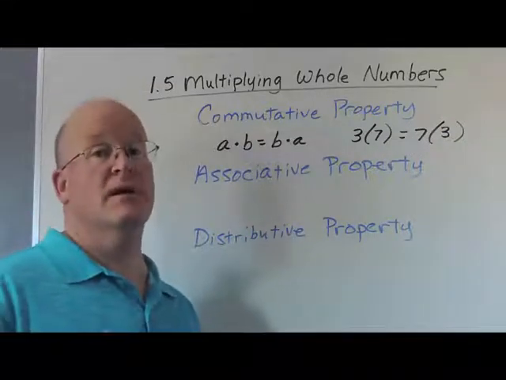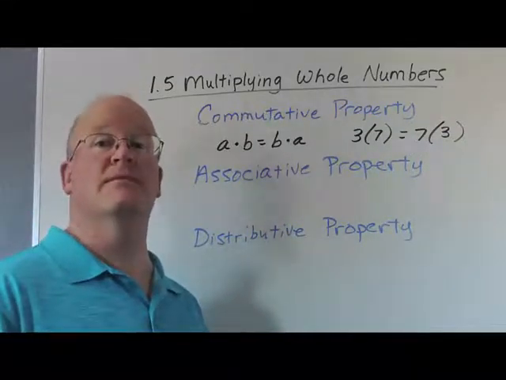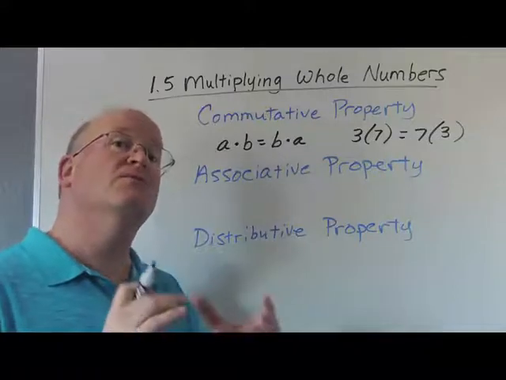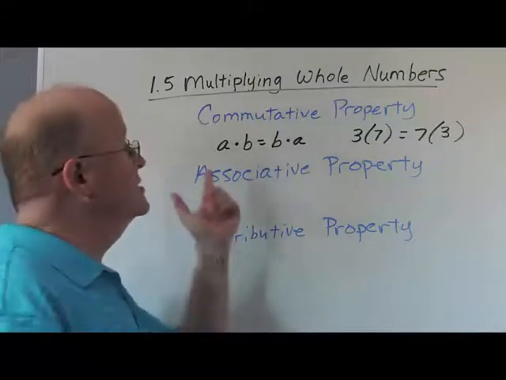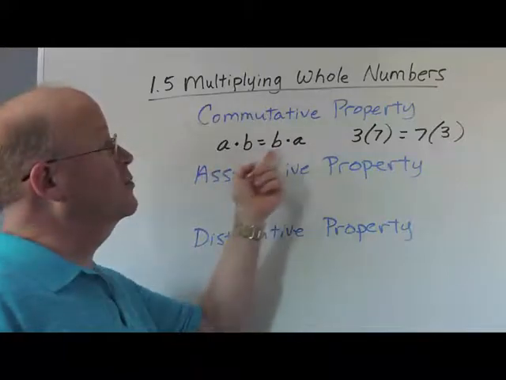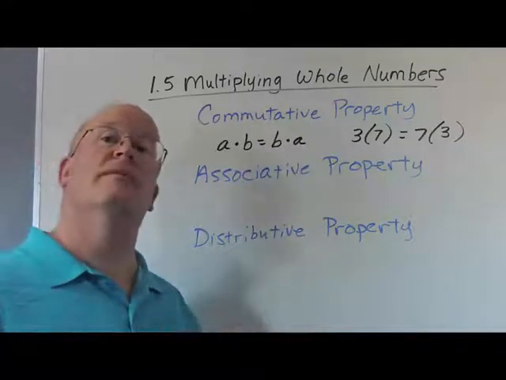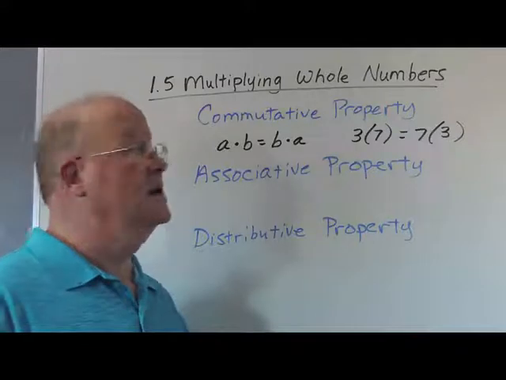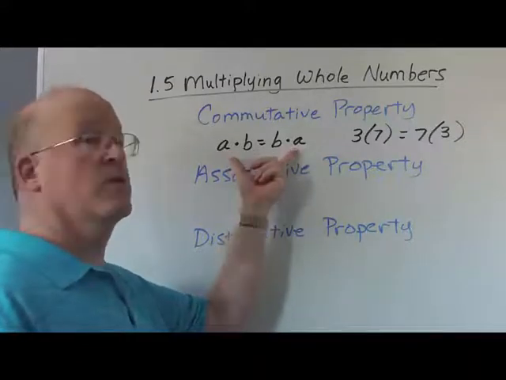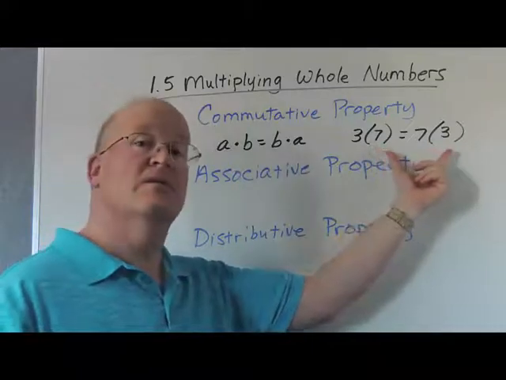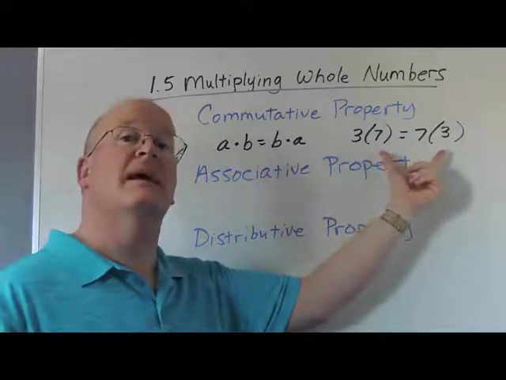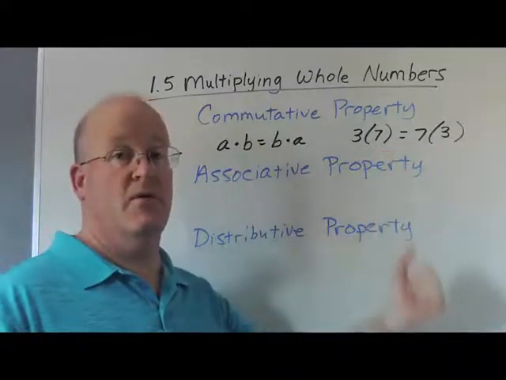As I mentioned when I described the commutative property of addition, commutative says we're moving the numbers around. And it doesn't matter which order we write those numbers in, we're still going to come up with the same product. Now again, when I write this with variables, that is the property, and when I insert numbers, it is not the property but an example or illustration of the property.